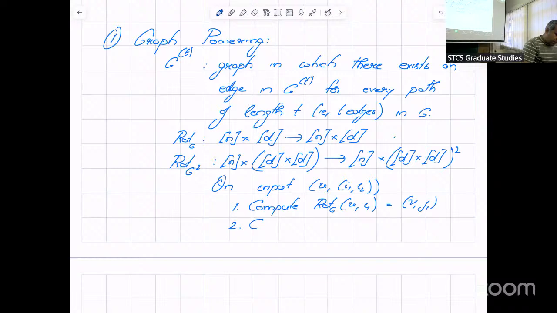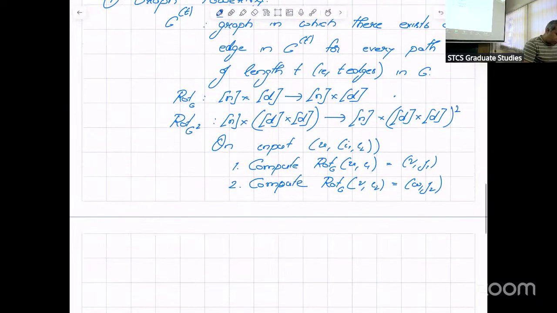Then you compute rot G of, you take the next step, (V, I2), and suppose that is (W, J2). Then what will you be outputting? The I1, I2 neighbor of U is W, but you have to also tell me how to get back to it. So it will be J2 comma J1. You take the J2 step and then the J1 step. That's the rot G squared, where the degree is D squared.